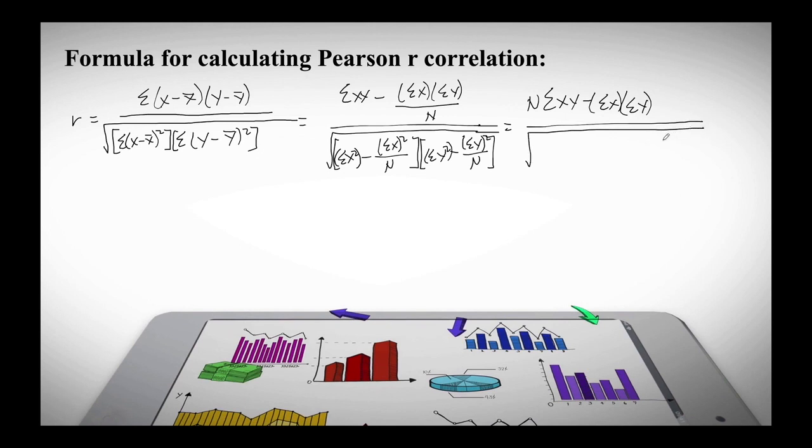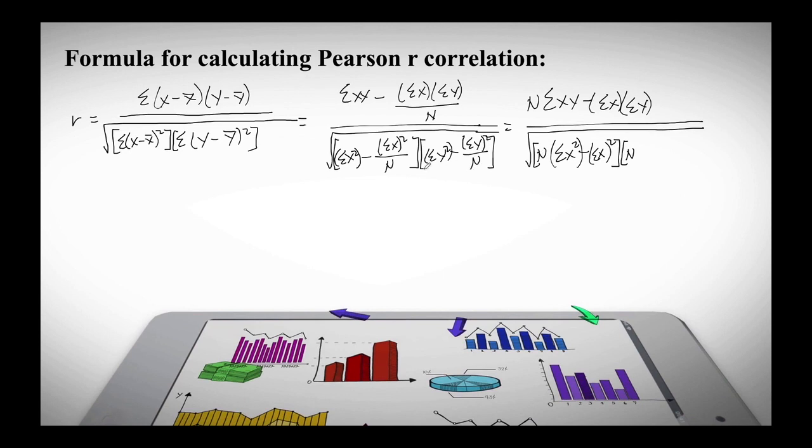Let's just simplify the denominator. So, n summation of x squared sa loob po yan minus summation of x sa labas ang square, then closing bracket, then opening bracket. We have here n.